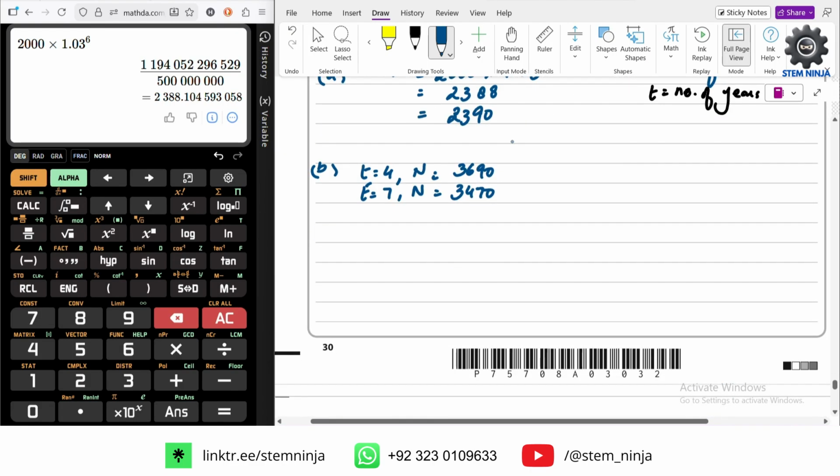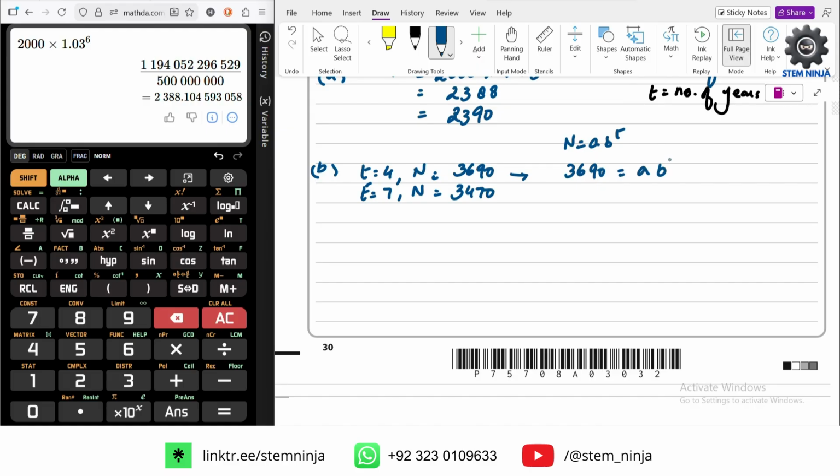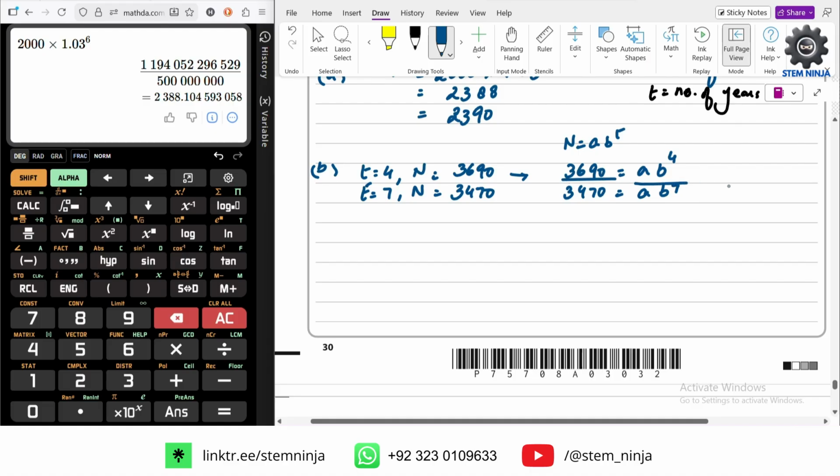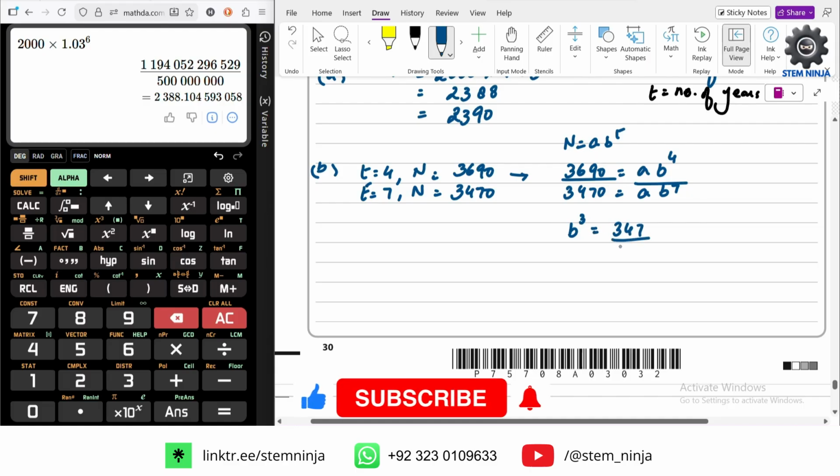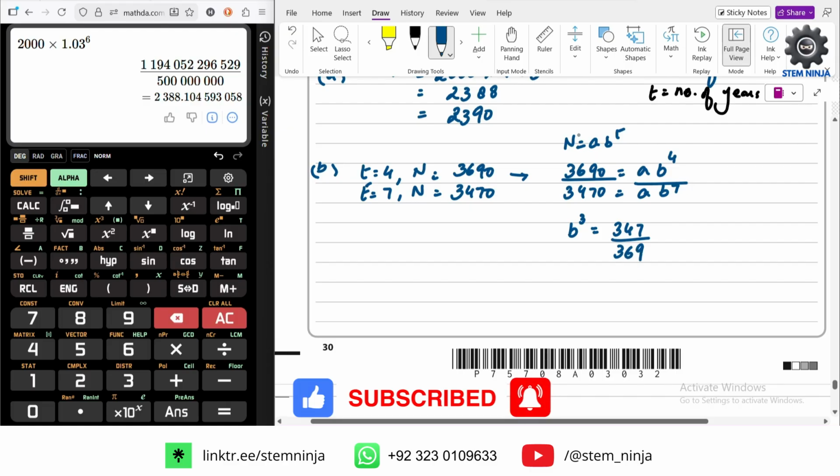Yes, okay. So this means that, see, n is equal to ab^t. So 3690 is equal to ab^4, and 3470 is equal to ab^7. So now when you divide both sides, you get b cubed is equal to 3470 over 3690, like the 0, 0 cancelled out, and a, a also cancelled out, right?